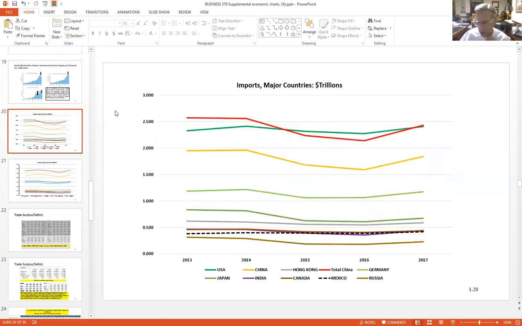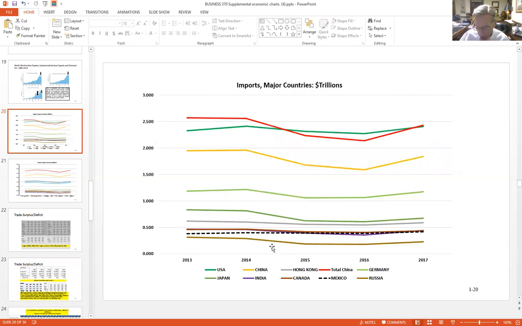So here are countries that do the most importing. And here, by the way, this red line is China. It's the largest. It fell behind the US for a little while. But you see, if you read the legend, this says total imports. And what we have in the yellow line is mainland China.